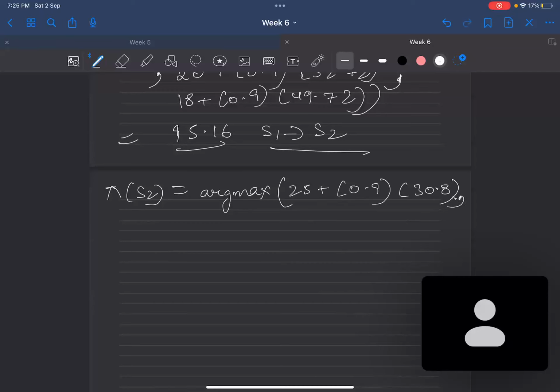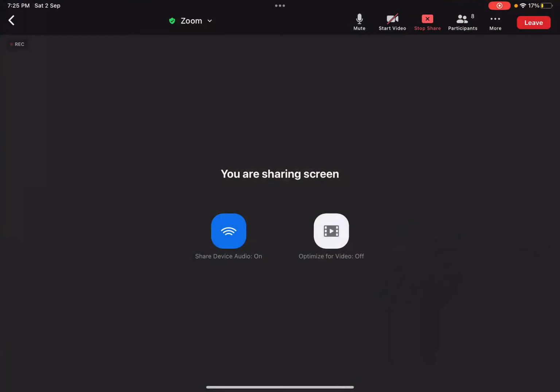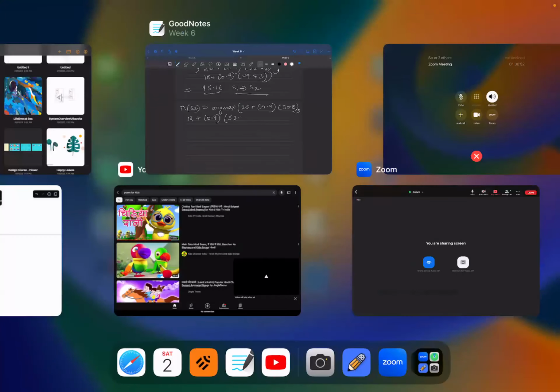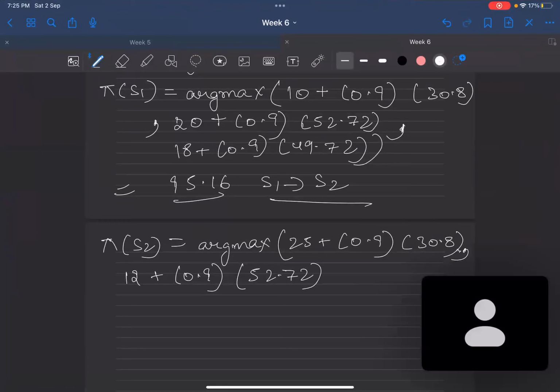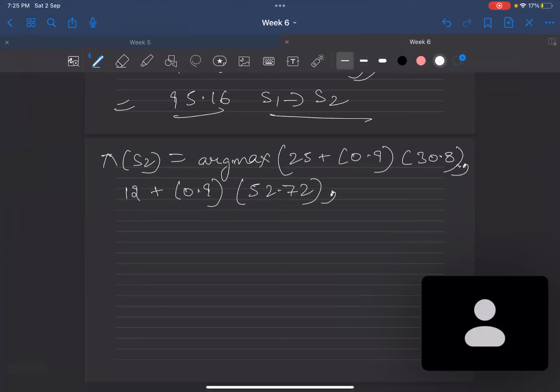S2 to S2: 12 plus 0.9 into 52.72. And S2 to S3: 15 plus 0.9 into 49.72.